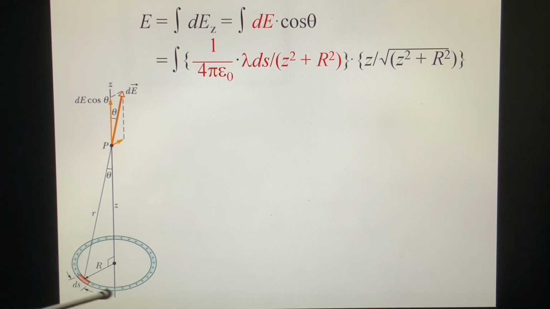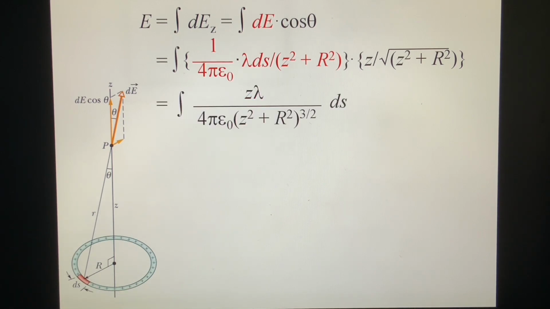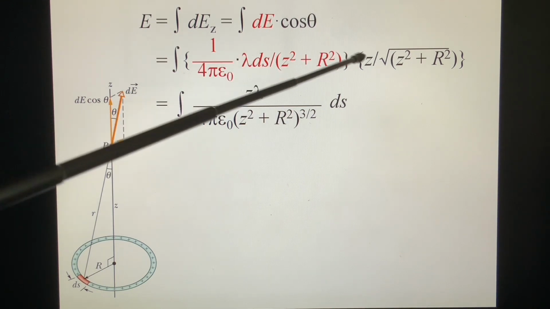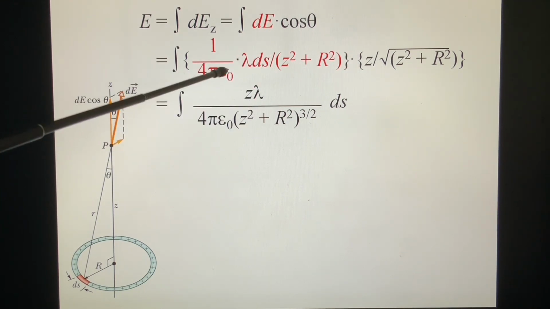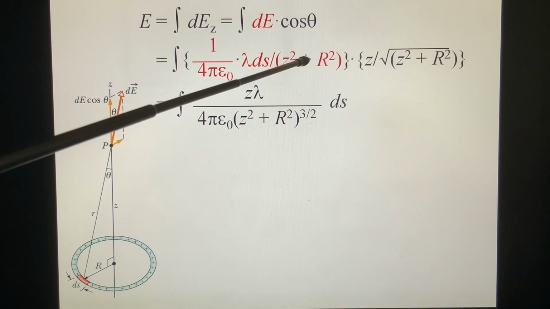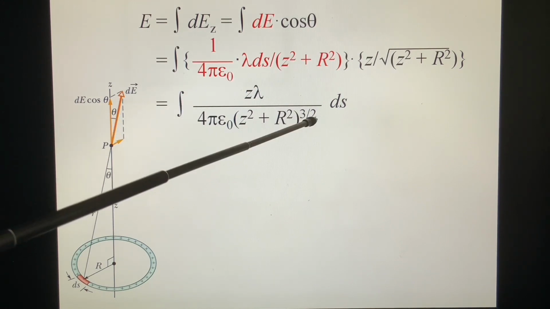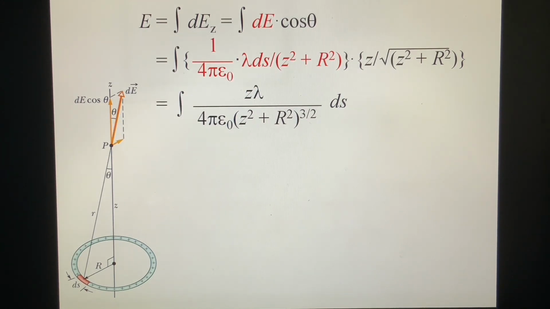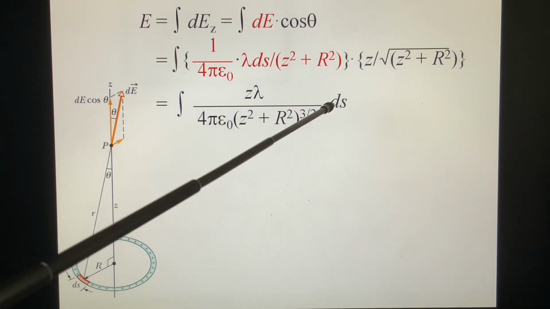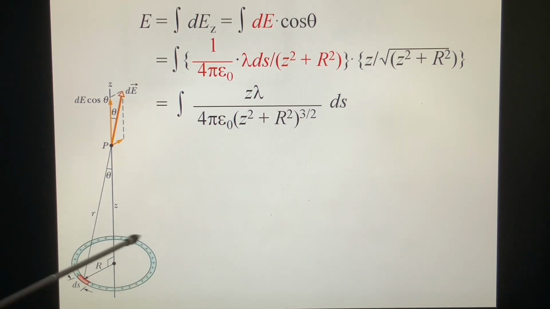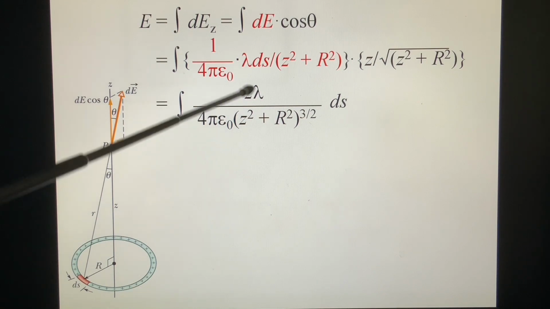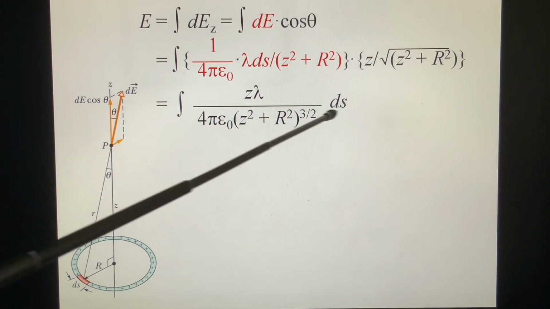And we do the integration. Let me write it. This is z lambda over the quantity z squared plus R squared to the power 3 over 2. So we do the integration. It looks very complicated. Actually, it is not, because the integration is along ds, and all these z are nothing to do with s.